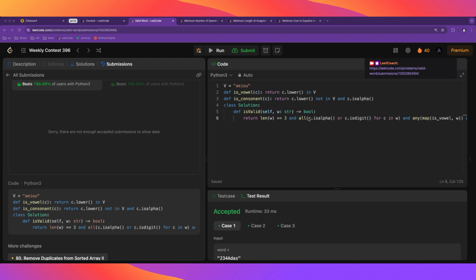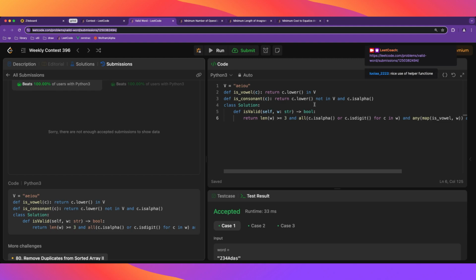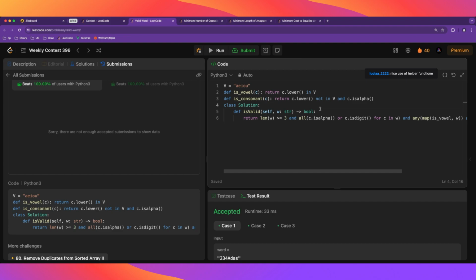Sometimes I see people reinventing the wheel with some kind of operations on the ASCII values of the characters, and I think that makes no sense.